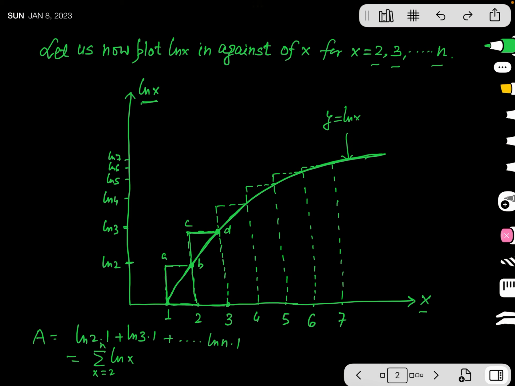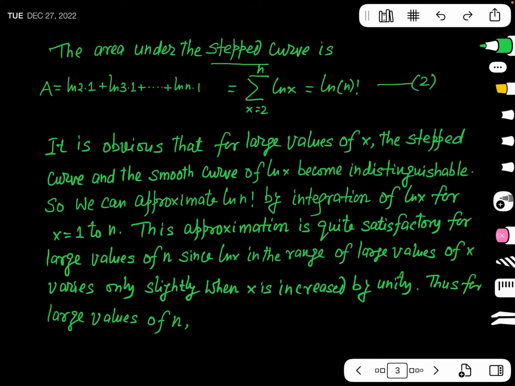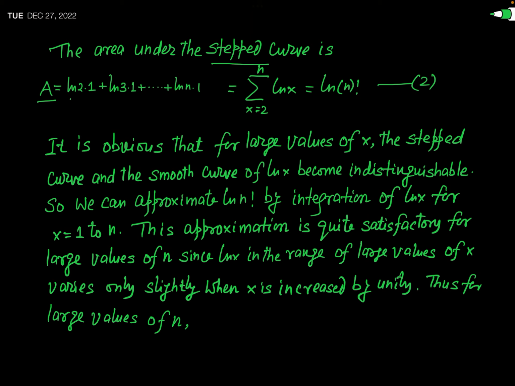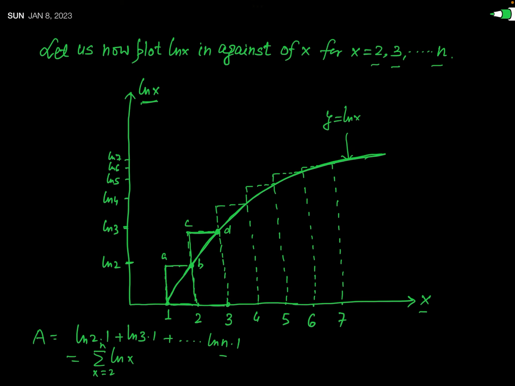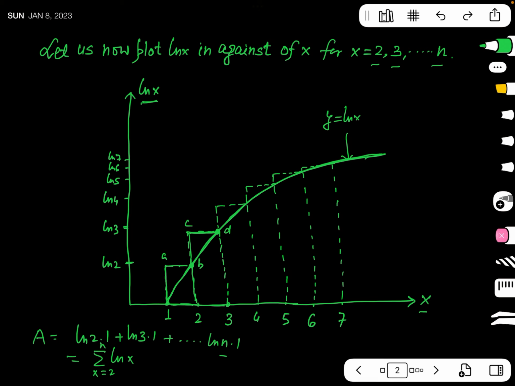I have written it here. You can see that the area under the stepped curve is equal to what? If you write this area by the symbol A, this will be log 2 times 1 plus log 3 times 1 plus so on plus log n times 1.